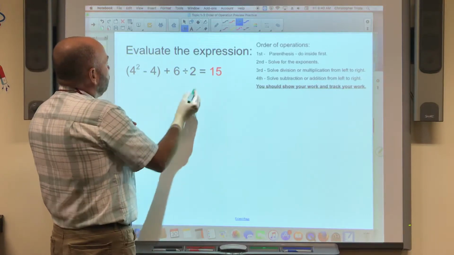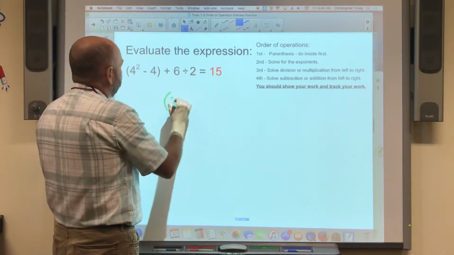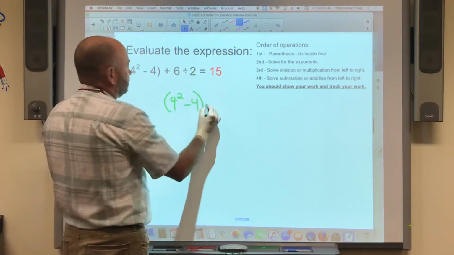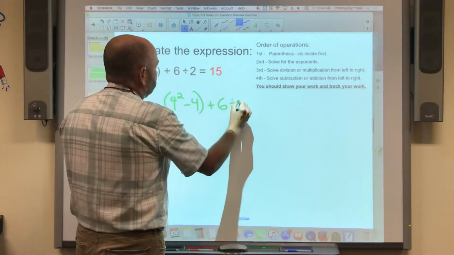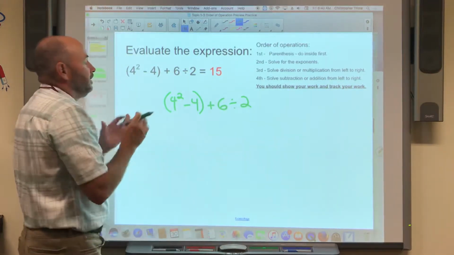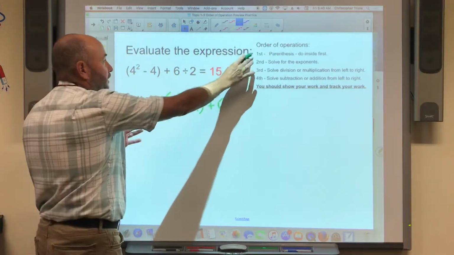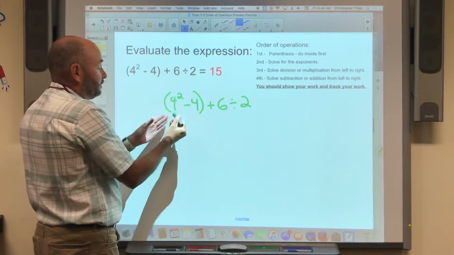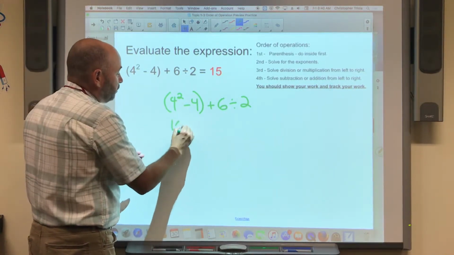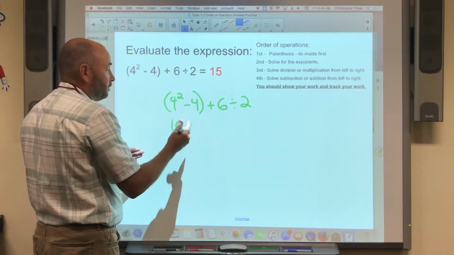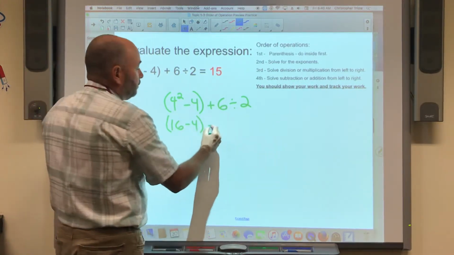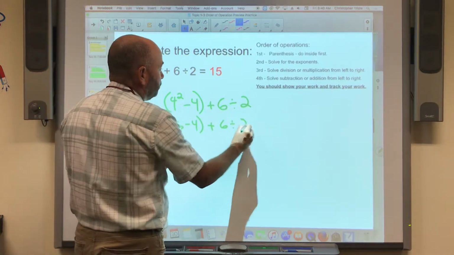So anyways, what we have here is 4 to the second minus 4 in parentheses plus 6 divided by 2. All right, so we have to do what's in parentheses first, and inside there we have an exponent of 4 to the second, which means that we're going to have 16 because it's 4 times 4. So now we have 16 minus 4 plus 6 divided by 2.